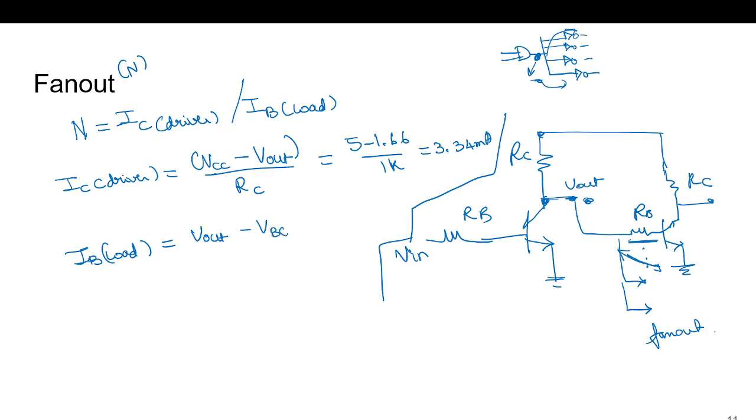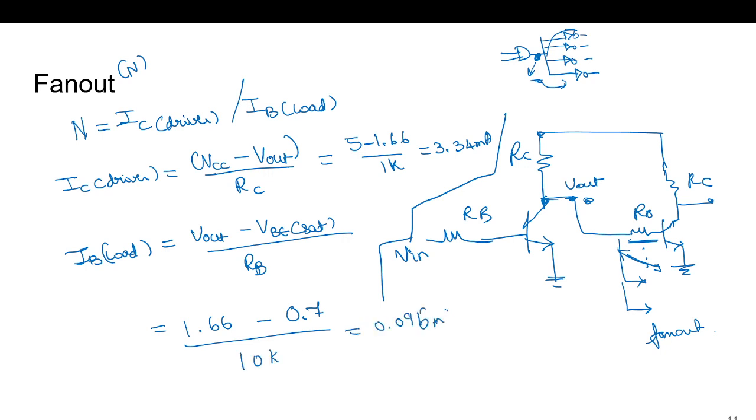It is 0.27 minus VBE, which is 0.66, over RB, so it will be 0.96 milliamp. So with these values my N value will be approximately 34. So I can connect 34 more gates at this output.